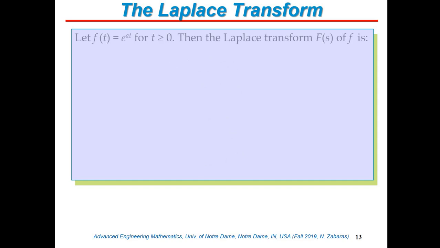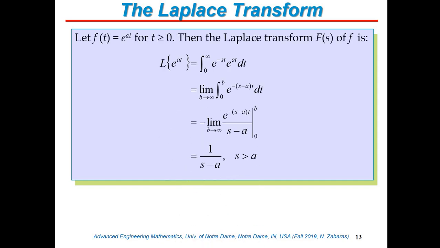Similarly, let me do the Laplace transform of an exponential, e to the at. So you can evaluate this integral, and when you take the limit of b goes to infinity, you can see that for all s's that are greater than a, similar situation as before, this exponential evaluated at b becomes 0, and the Laplace transform of e to the at is 1 over s minus a.